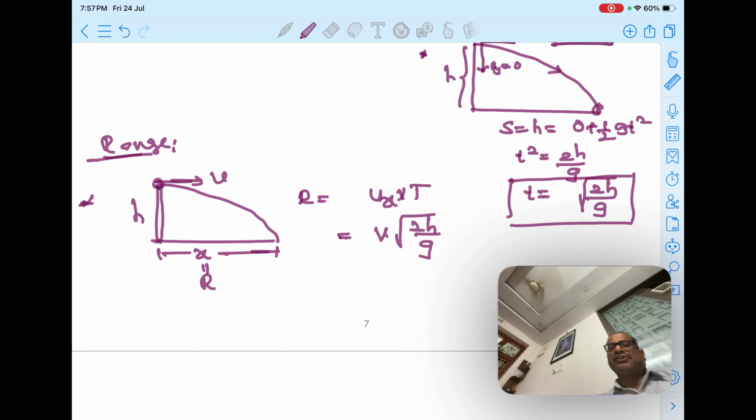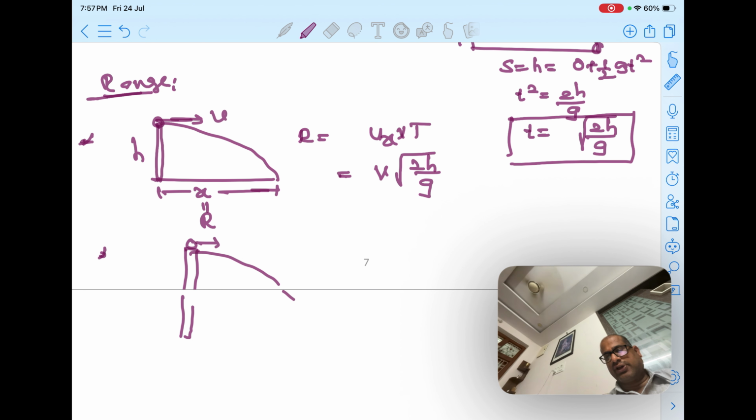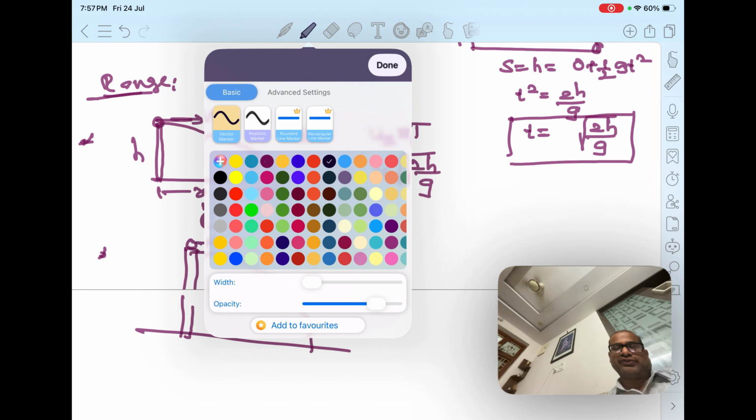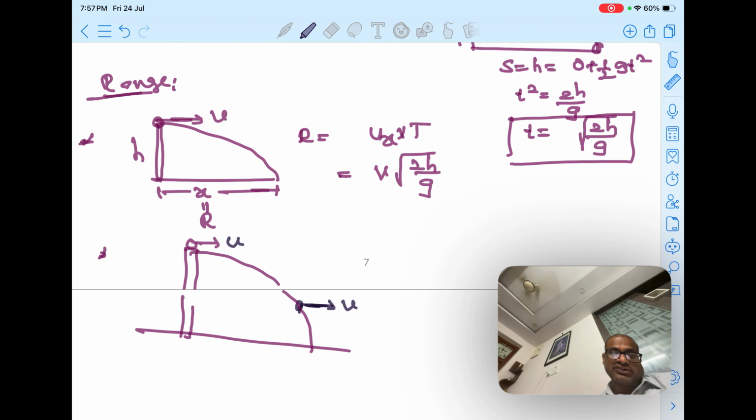Next, you can also find the velocity after some time. As we are throwing from a certain height, the particle reaches in this way. At an instant of time, say the particle is somewhere here. The x direction velocity remains the same, because there is no acceleration in that direction, and the y direction is accelerating.